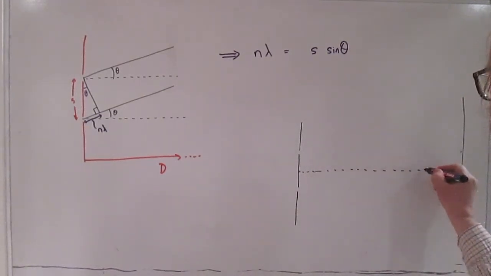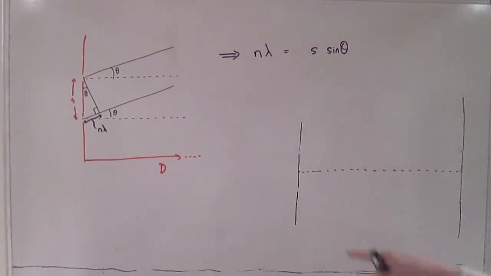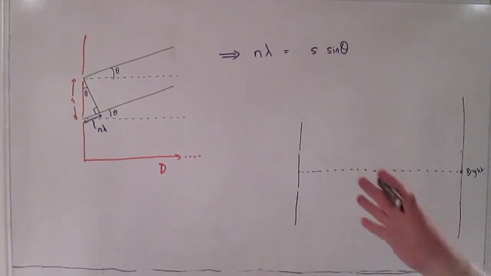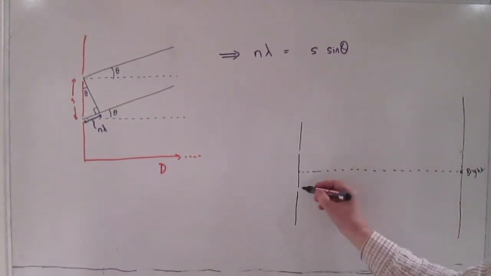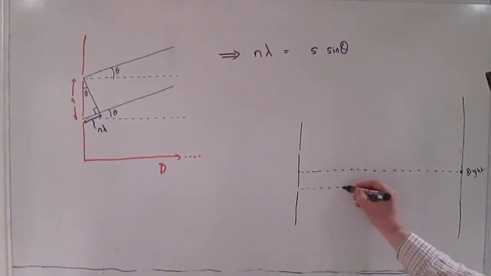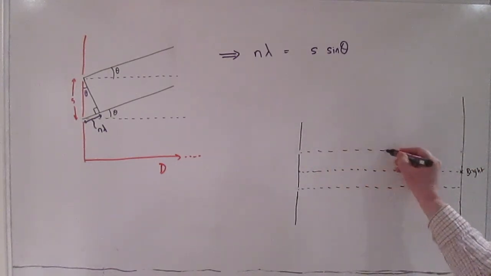So we know that if the waves are in phase as they emerge from the source here, we're going to get a central bright fringe, which is going to be here. So this is a bright fringe right in the middle here. And it would be possible to move the screen to such a distance that the next bright fringe came there, and obviously there as well.